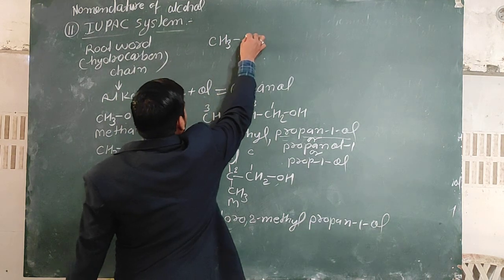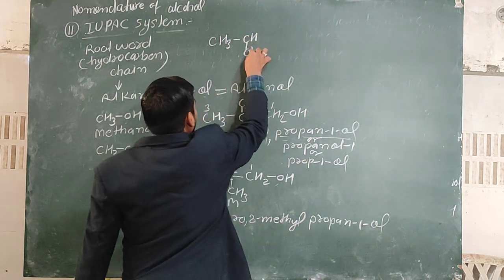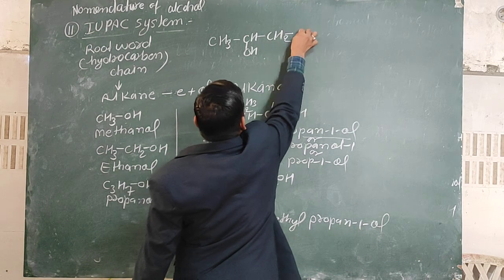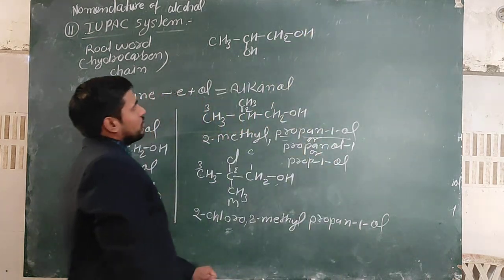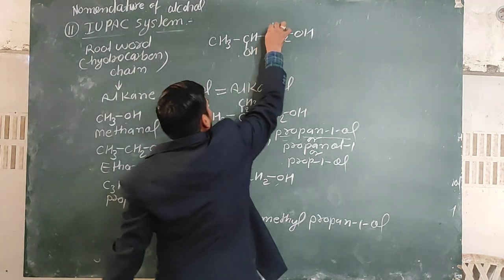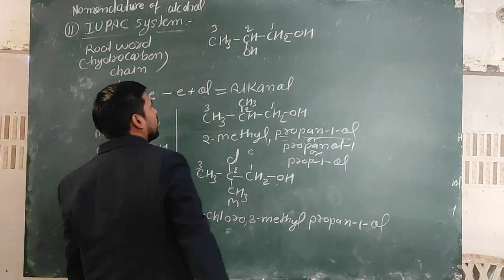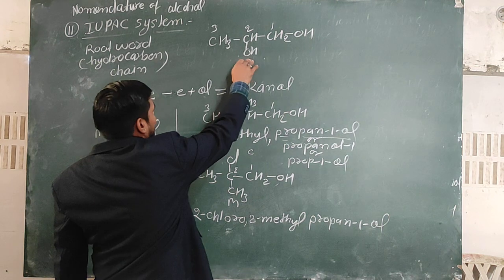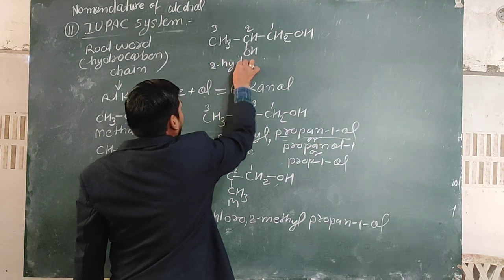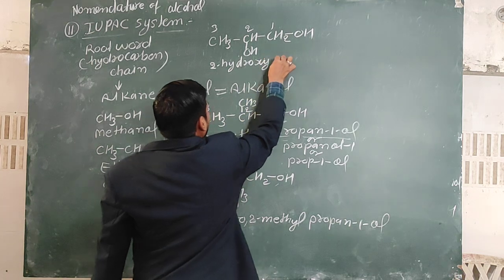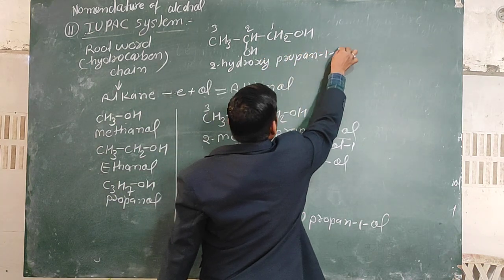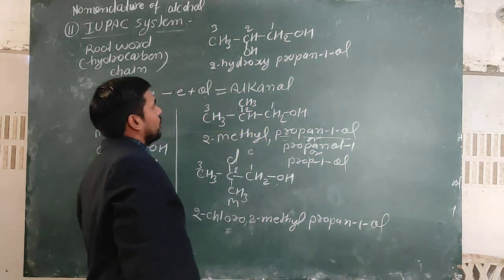Okay, if we take CH3CHOHCH2OH, then its name may be, counting 1, 2, 3, 2-hydroxy propane 1-ol.